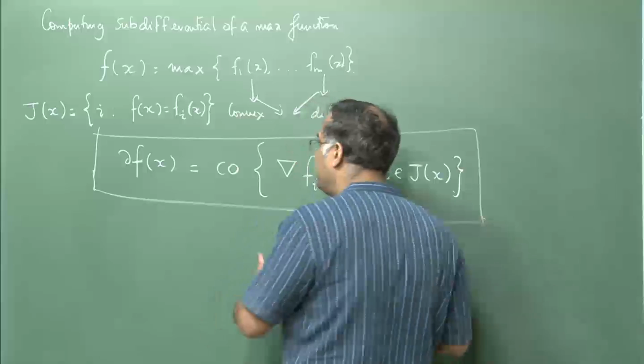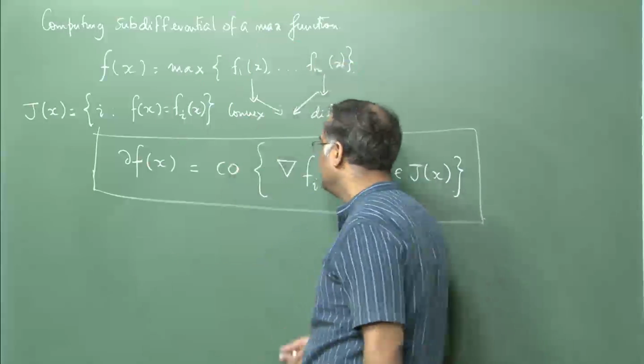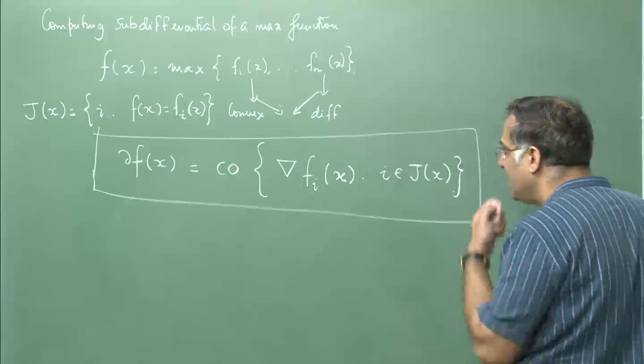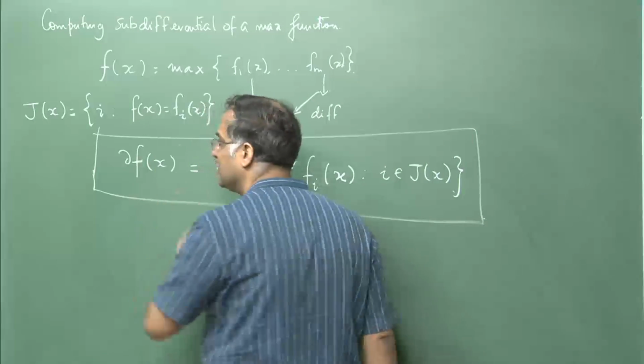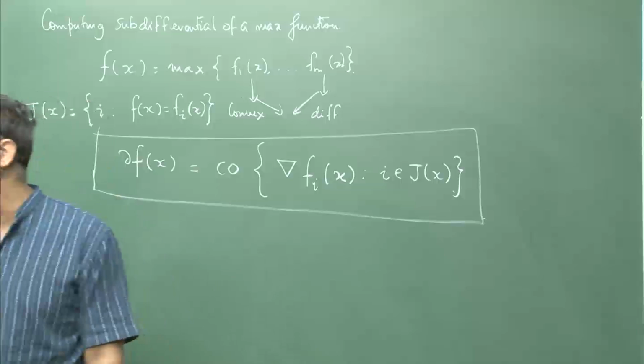It typically arises in this form. So, then we really have a nice, constructive method to compute the subgradient, and that is why the subject is so beautiful and so powerful.